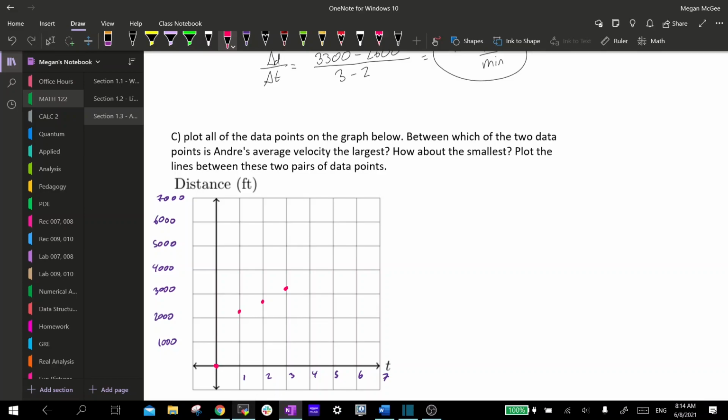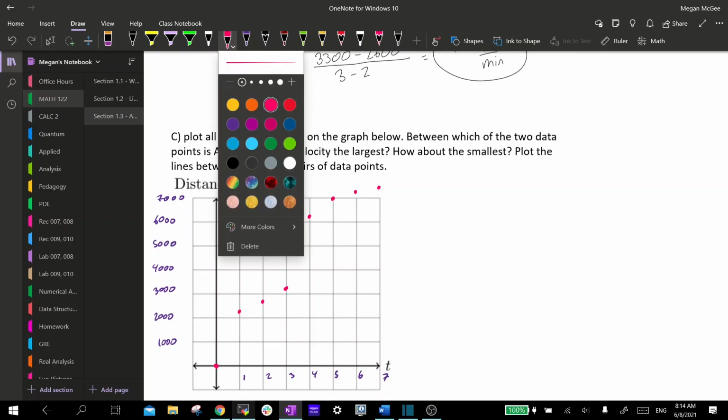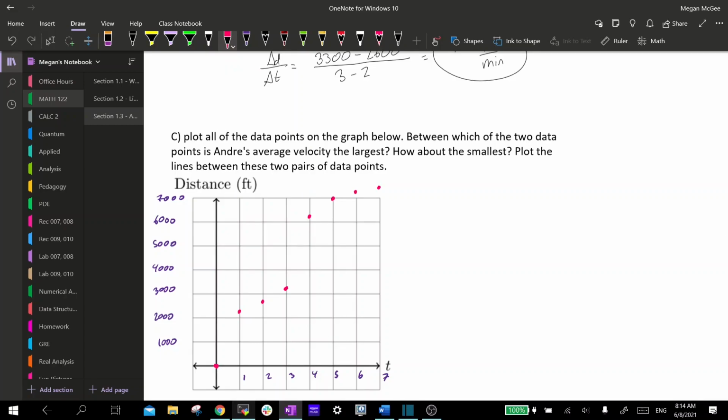Then we go to 6,200. So we jump all the way up here. And 7,000. 7,200, and then 7,300. Okay, and if we wanted to connect these, it would most likely be something like a nice curve.